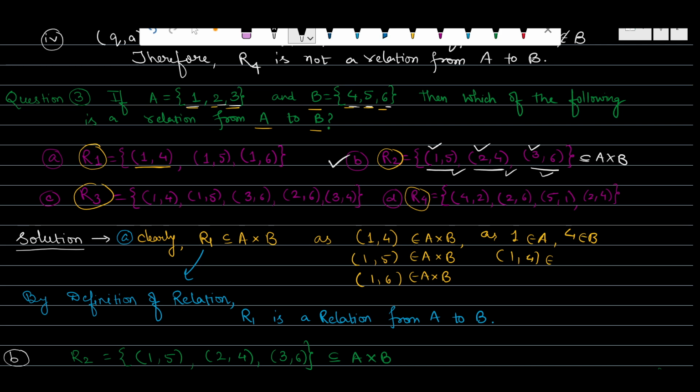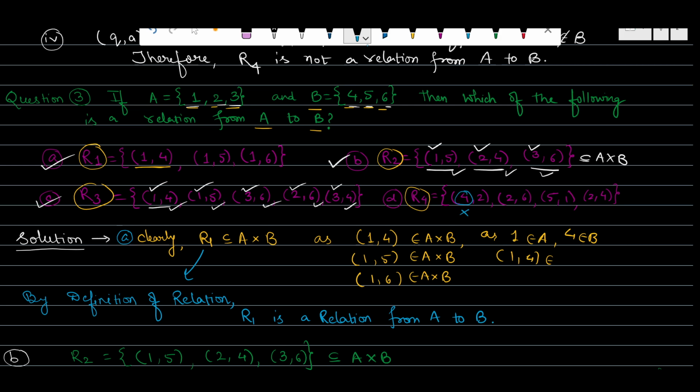Similarly, you may check R3 and R4 as well. For R3, check: the first element is from set A, and the second elements 4, 5 and 6 are from set B. So this is also a relation from set A to set B. Similarly, for R4, you see here now, does 4 belong to set A?